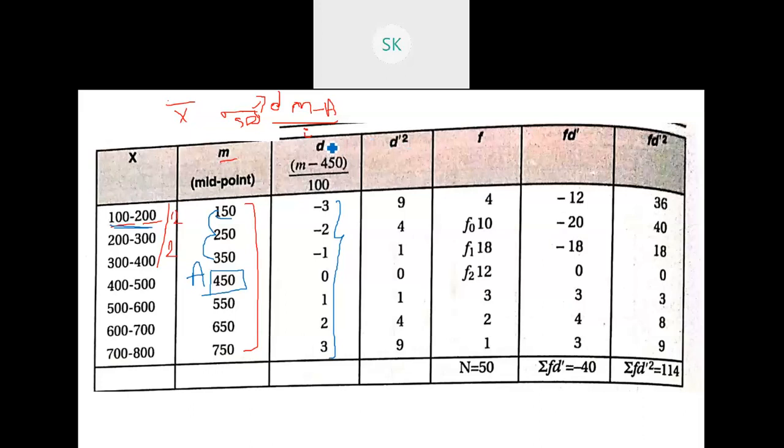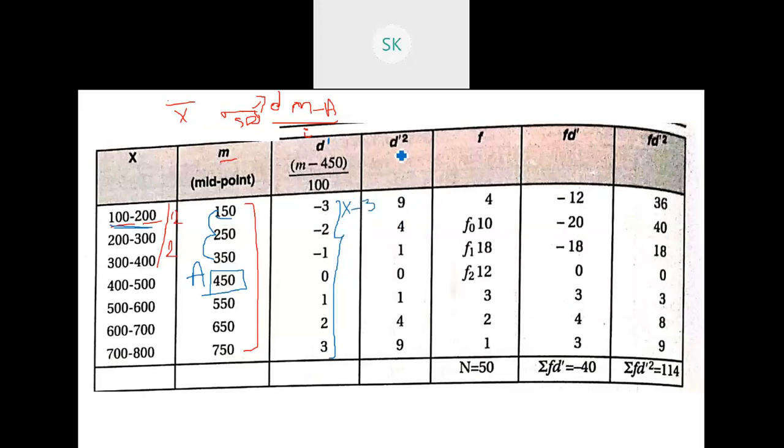Next, once we find the deviations, now square the deviations. Squaring the deviations, you can take this as d dash, since we are using the step deviation. Since we are finding squares, you are supposed to multiply the same number with itself. So minus 3 into minus 3 will give you plus 9.